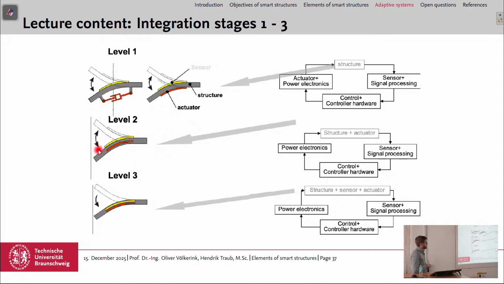We look also at structural integration, and for these kinds of systems, so levels 2 and 3, where at least some parts are integrated, fiber reinforced plastics are a good choice, because there the integration is far easier than in metals as the base structure.